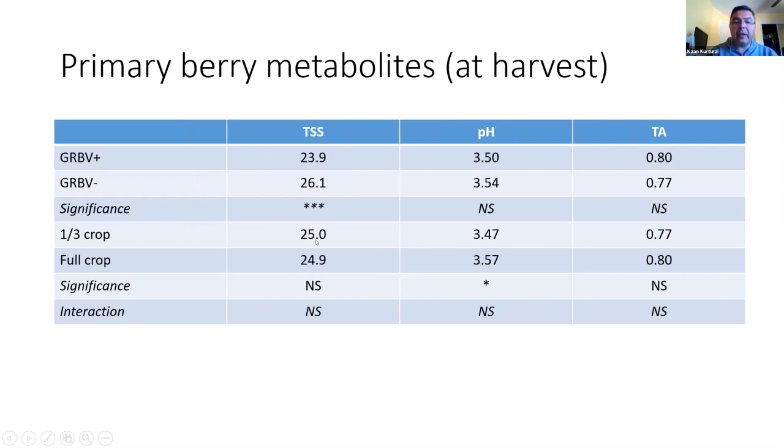Reducing the crop did not affect anything, and we do not have an interaction of cropping and red blotch virus status. Likewise in titratable acidity. The main effect that we get in pH in this case was with cropping. Full crop had a higher juice pH.